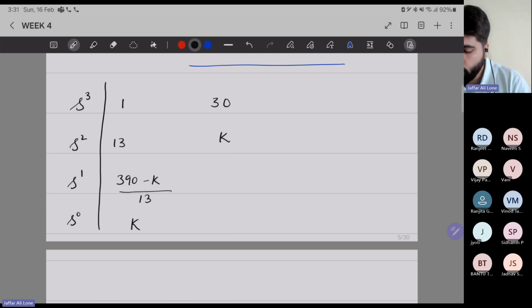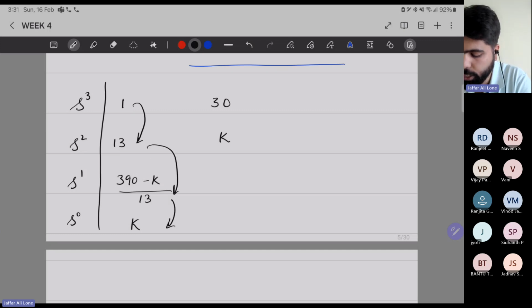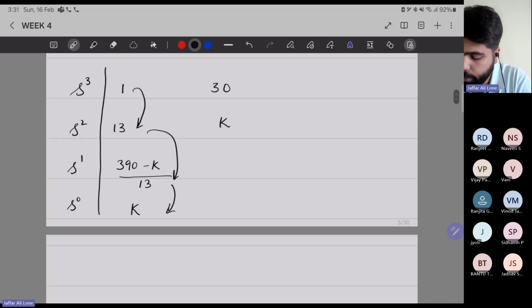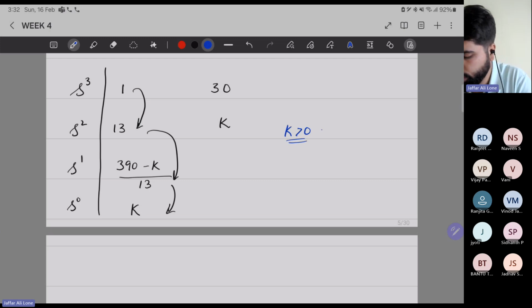Correct? So now in order for the system to be stable, there should be no sign change in the first column of the Routh array. It means there should be no sign change here and here. It means all the terms should be positive. So first of all, my K should be greater than 0, and it's already given in the question that K is greater than 0, so no need. But still, if you see the first column, K has to be greater than 0.